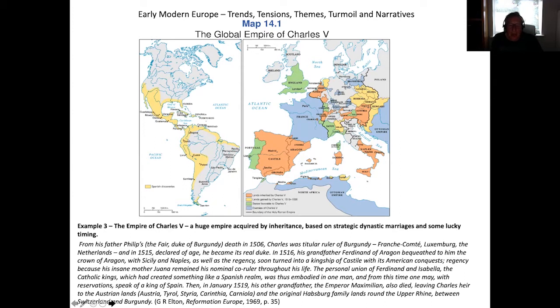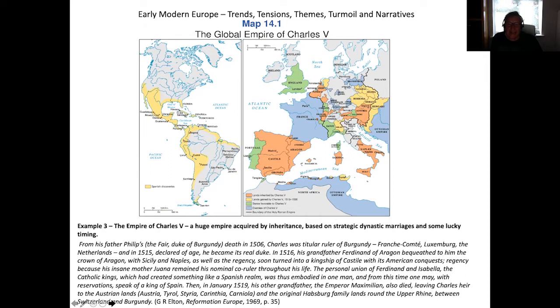Okay. From that, of course, he got the American conquests as well, which you can see on the left-hand side of the map. His mother, Juana, I think lived slightly longer than he did, and she was the nominal ruler of Spain, but unfortunately she was locked up in a monastery.